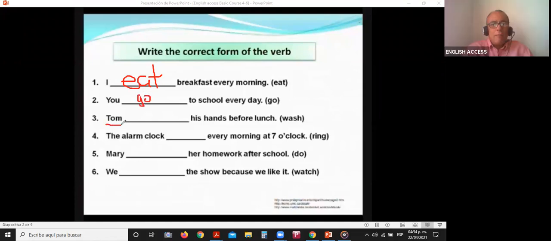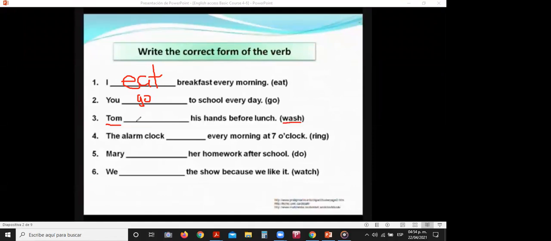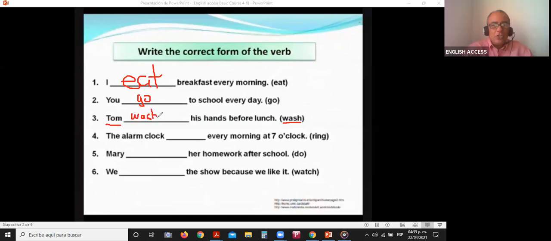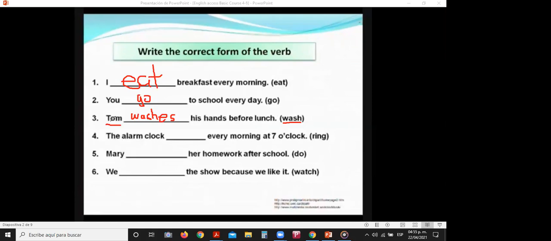Now, Tom, this is the verb wash. Washes, exactly. Tom washes his hands before lunch. Repeat after me, please. Tom washes his hands before lunch.